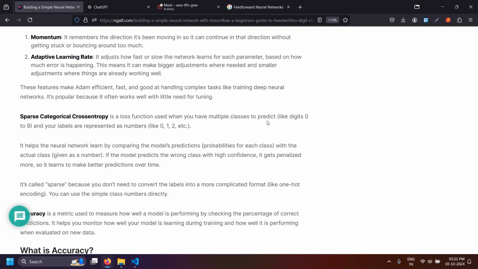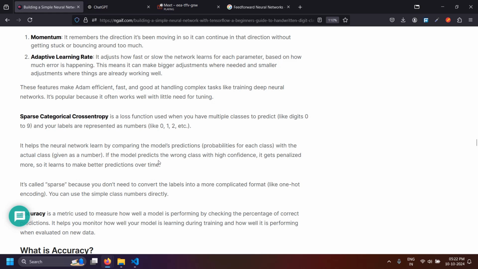When you are dealing with multiple classes to predict and your labels are represented as numbers, so we are dealing with numbers, right? When this is the situation, you can use this loss function. Again, why use it? It helps the neural network learn by comparing the model's prediction with the actual class.